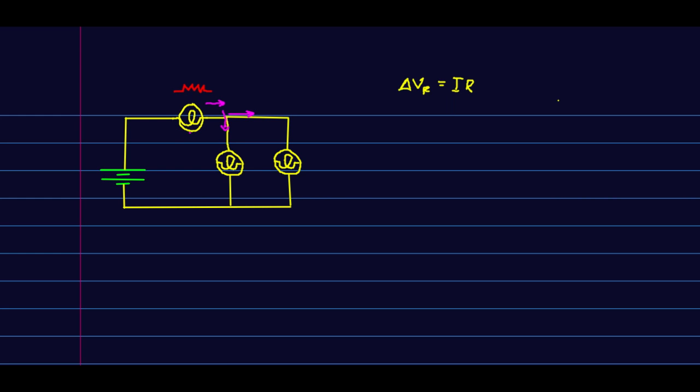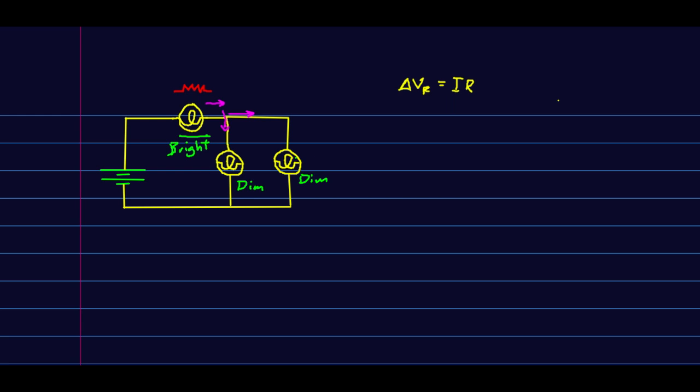And so this single bulb here is the brightest, and each of these are dim. And if they're identical, then the current is going to split evenly. You can't bet on the current splitting evenly at a junction, but if the resistances of the two paths are the same, then it will, and so these will be the same brightness.